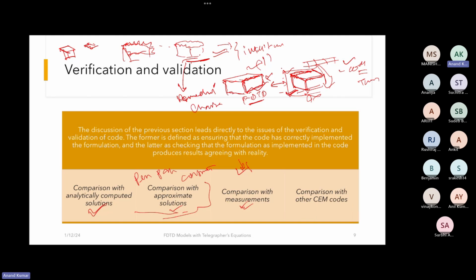And the final one is comparison with other CEM codes. This is usually what we do if you are writing your own FDTD codes.